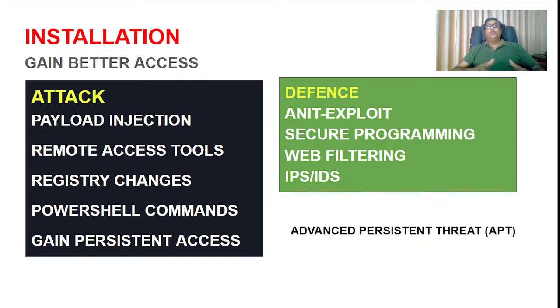Again, intrusion prevention systems and intrusion detection systems are now available with machine learning, like software like Snort or Security Onion can be used. So this advanced persistent threat begins here because you have all the tools installed in your system.